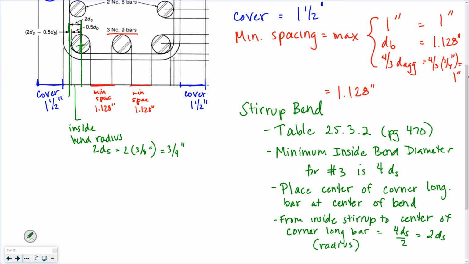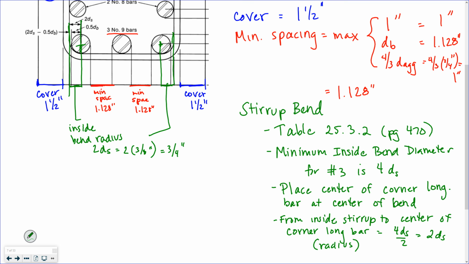So I got the same thing on the other side, from here to here. Same thing.